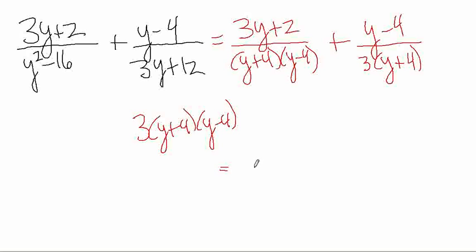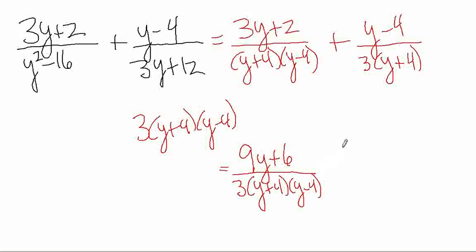I'm going to multiply the top and bottom of the first red rational expression by 3. I'm going to multiply the top and bottom of the second rational expression by y minus 4.